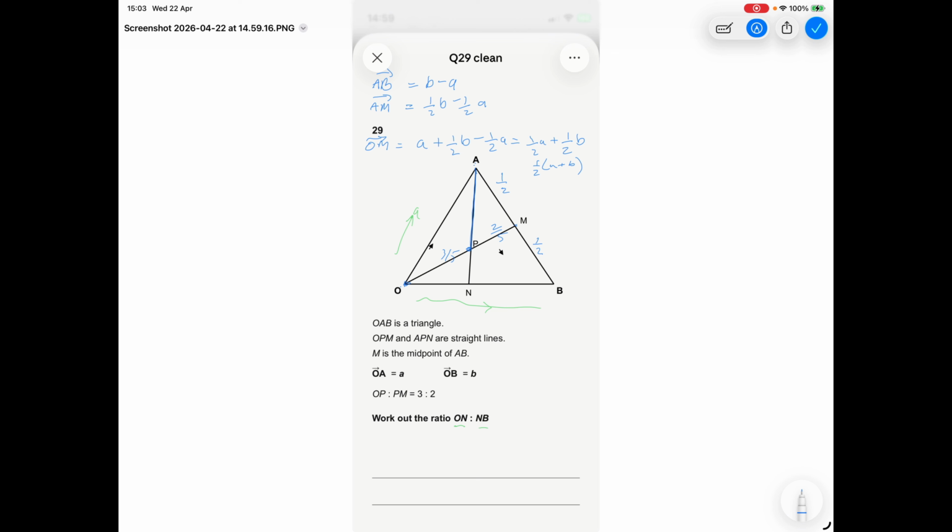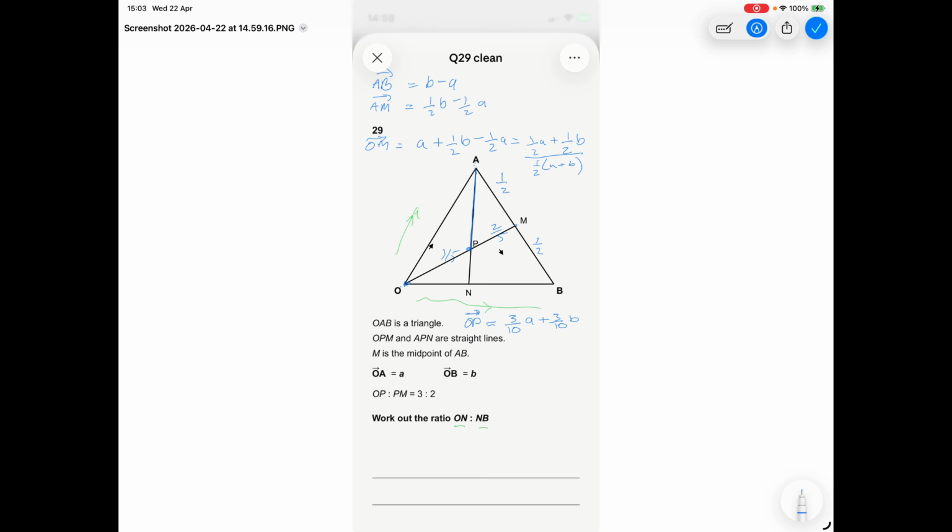So OP is going to equal 3/5 times this, and 3/5 times a half is 3/10. So it's going to be 3/10 a plus 3/10 b.